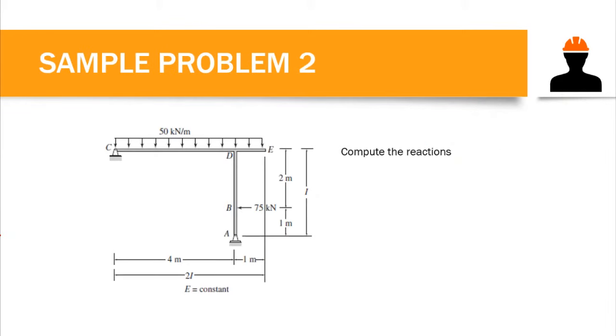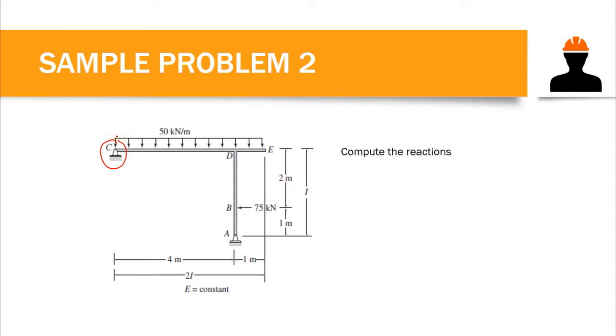This is an example of a simple frame in which we have a 50 kilonewton per meter load that runs from C to E, and we have a horizontal concentrated load that acts at point B. This is an example of a frame without sideways, because our frame here is restricted from settlement in the horizontal direction, because we have support C here.